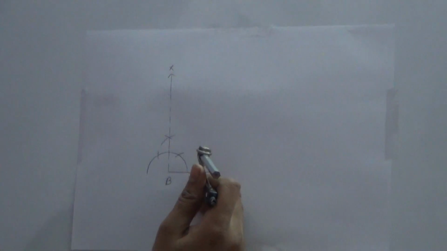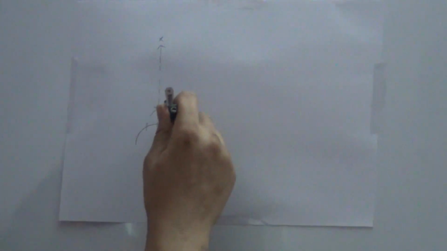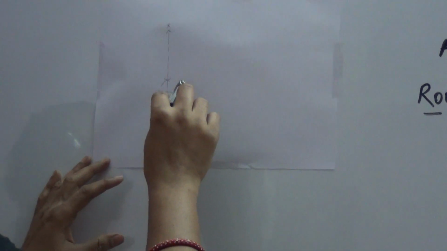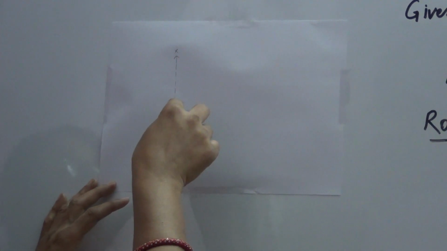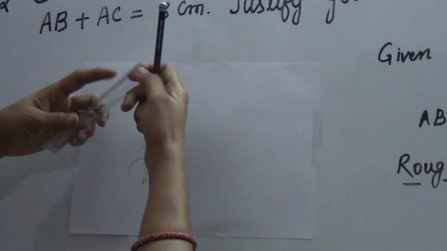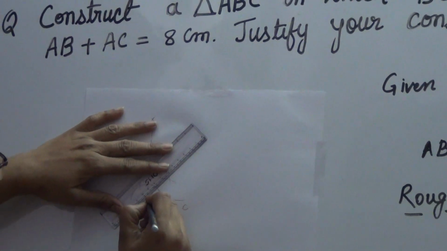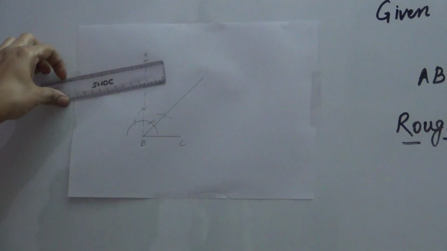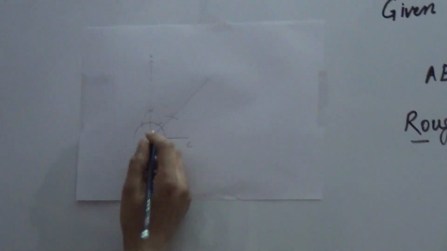This must intersect this arc here so that we can get a clear point. Now the 90 degree angle we have to bisect, which we are doing like this. We have got an angle of 45 degrees. Here is 45 degrees.